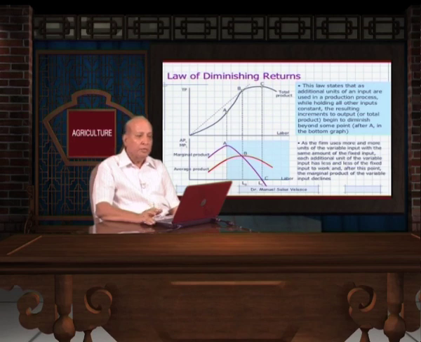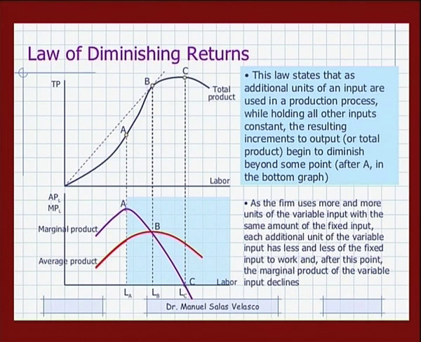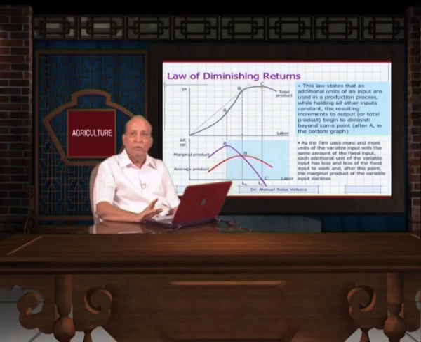In this figure, from A to B the production will increase. From B to C, marginal production has increased from the level of LB to the LC level, but after LC level, or after point C, the production is declining. That indicates the law of diminishing returns.